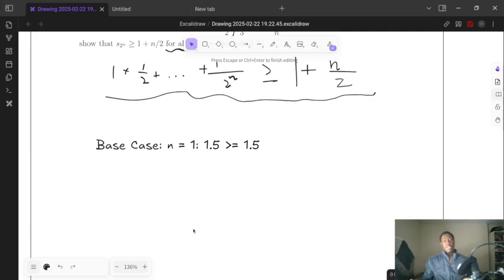The idea of induction, for those that don't know, which would be kind of surprising if you're watching a real analysis video, is that it uses the well-ordering principle and the idea that any set of natural numbers has a smallest number.